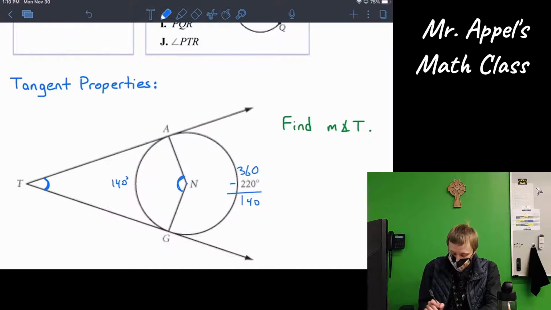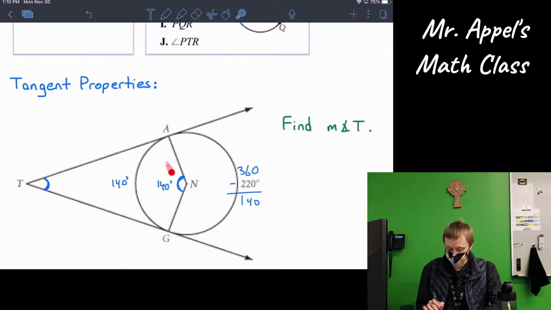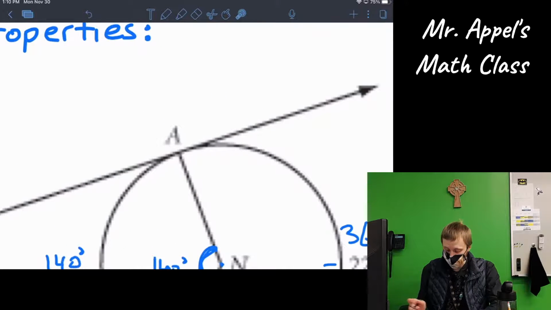So if the arc is 140, then this angle is 140 degrees. That's kind of interesting. It at least faces like across from angle T. I don't see how that really helps us get there directly. We need more information. What else can we determine about this tangent line and its relationship to the circle?